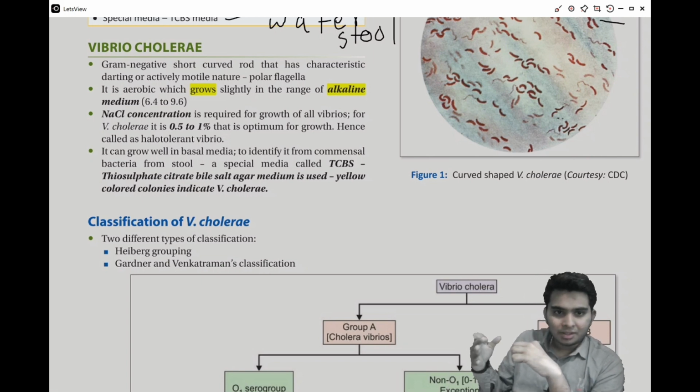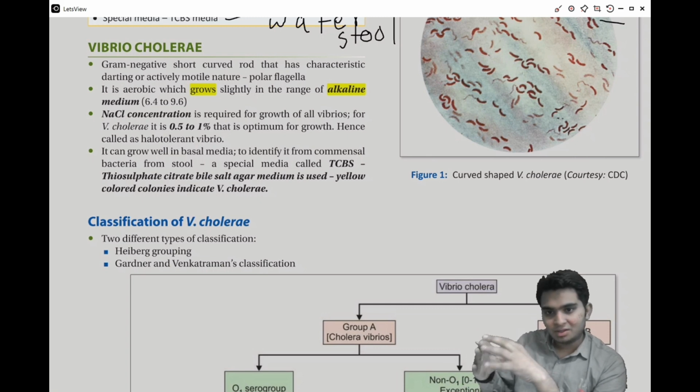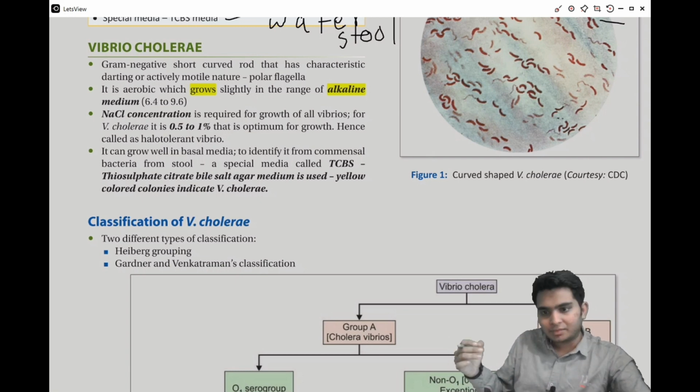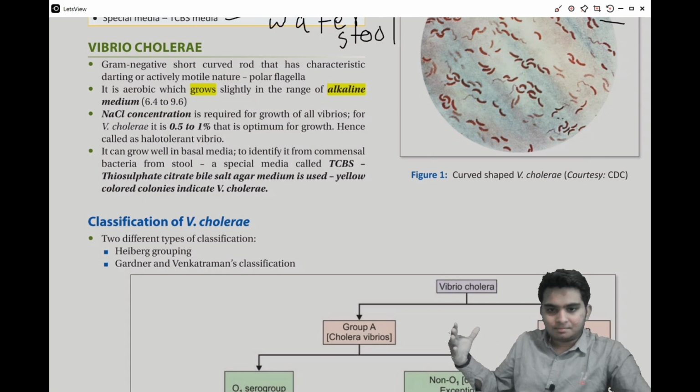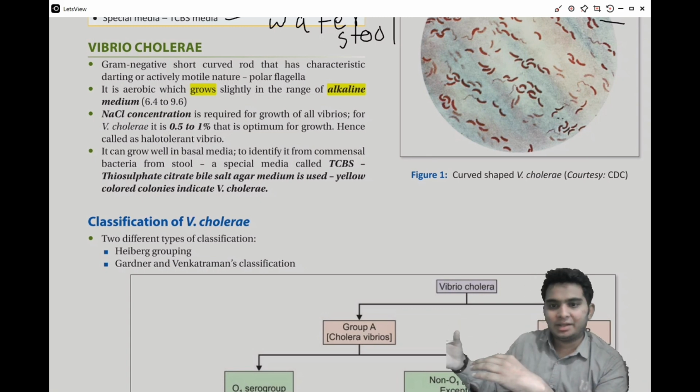And it can grow well in basal media, but special media is used to identify it and also separate it from other bacteria.